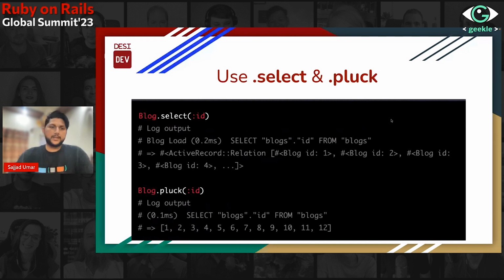For example, here in this blog example, if I want to get the IDs of all the blog posts, I can use either select or pluck. Select will return an ActiveRecord relation that you can chain further queries off of, and pluck will only return a raw array of data. So select only what you need. It will use way less memory and will be much faster.